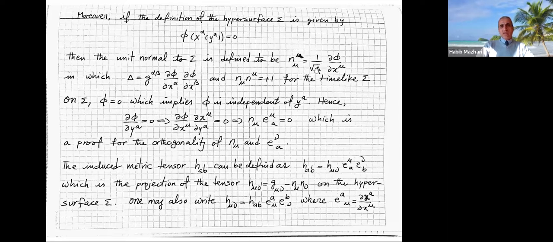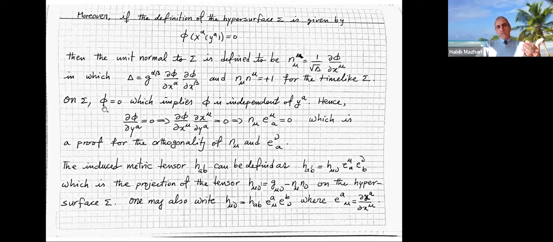This is just the gradient of phi, divided by its magnitude, which makes it a unit vector. And this is the magnitude actually. And here in this case, n mu is of unit length, equal to 1. So phi equals 0, of course, is the location of the surface.